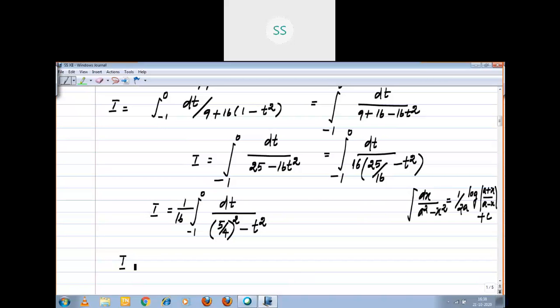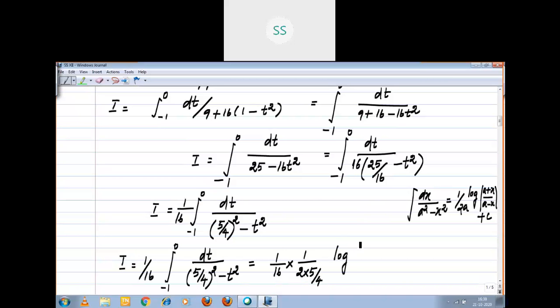Now I equals 1 by 16 into integral minus 1 to 0 dt divided by (5 by 4) the whole square minus t square, equals 1 by 16 into 1 by 2 into 5 by 4, because your a is 5 by 4, log of modulus (5 by 4 plus t) divided by (5 by 4 minus t), limit minus 1 to 0.